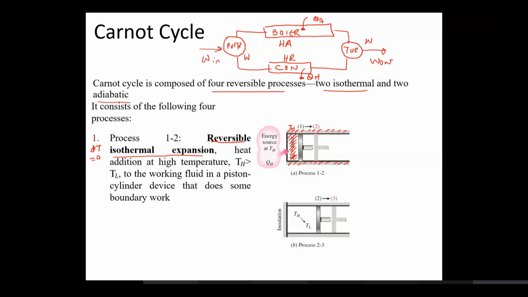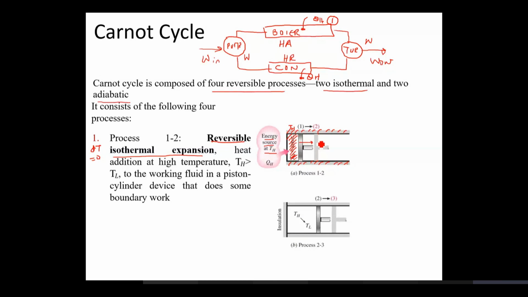Now, the first process resembles the heat addition process. You have to add heat into the system. You have not insulated the back side of the piston, and you have brought this piston cylinder assembly close to an energy source which is at a higher temperature TH. Now, as a result of this expansion process, the temperature would essentially decrease.